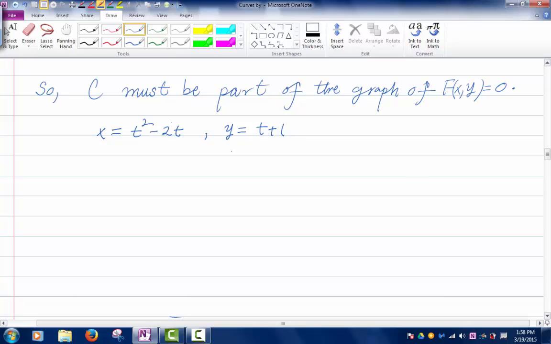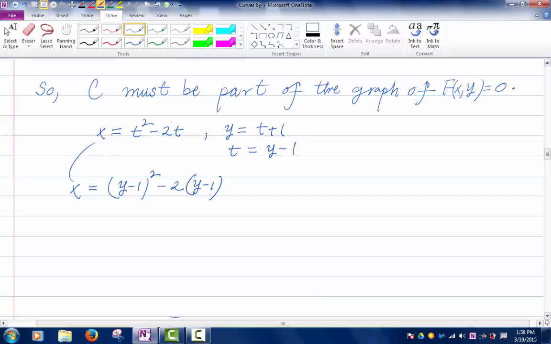So you get t equals y minus 1, and then I'm going to plug that in here. So I get x to be (y minus 1) squared minus 2 times (y minus 1). Right?